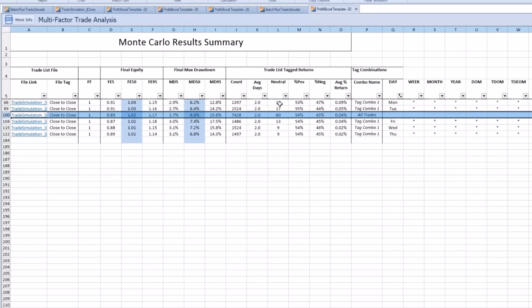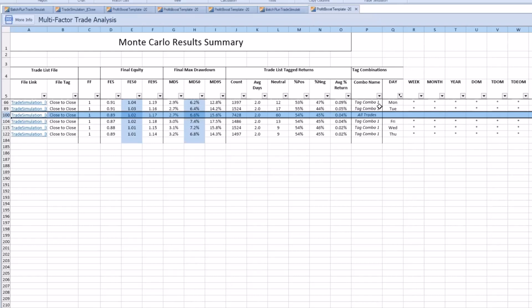On the Tuesday trade you had a higher number of positive trades, but your average percent return on the Tuesday trades was 0.05%, whereas it was 0.09 on the Monday. Your drawdowns were 6.2 on the Monday trade, 6.4, 6.6. So actually Monday trades were better in both the final equity and the maximum drawdown. So trading SPY on a Monday was good.